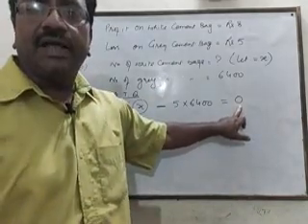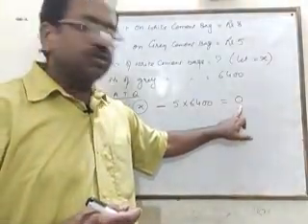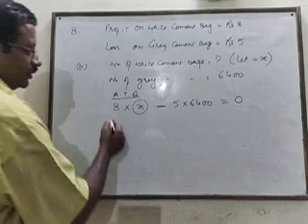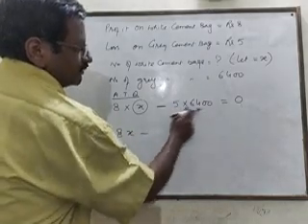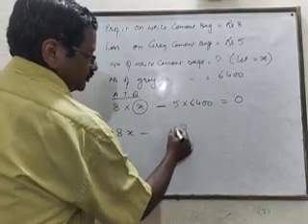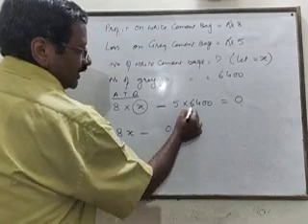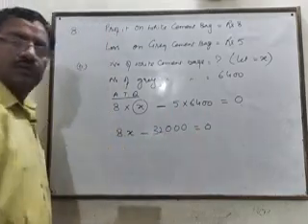That is, neither are we in profit nor in loss. So we will put 0 for the no profit no loss situation. So 8x minus this multiply this, 5 into 6,400, 5 4s are 20, 5 6s are 30, 32,000, equal to 0.